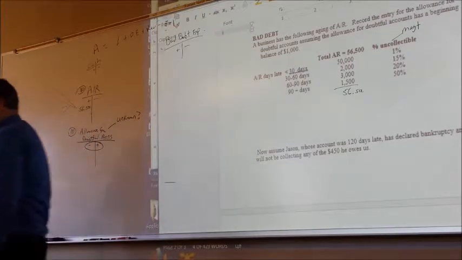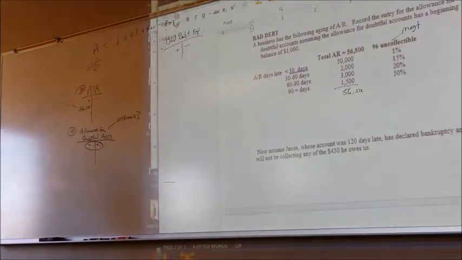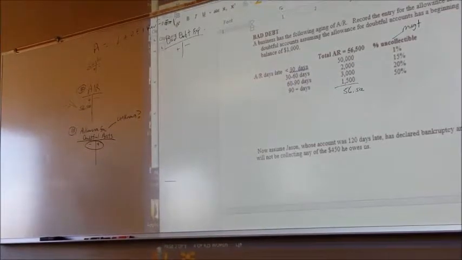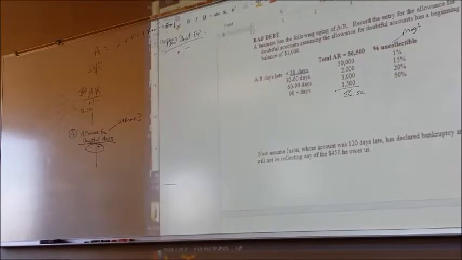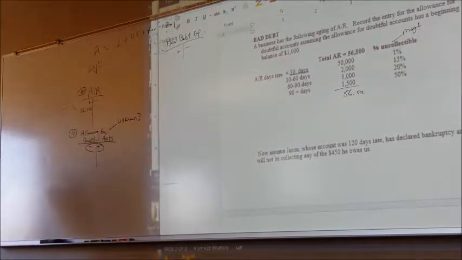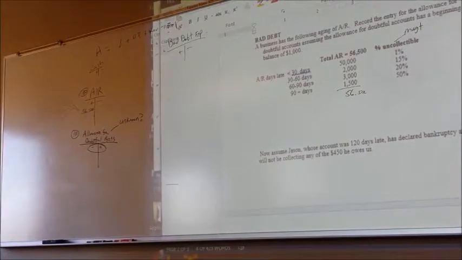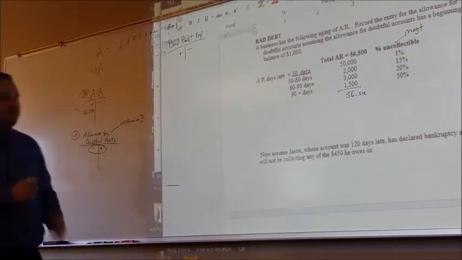A little bit less chance if it's a month or 2 late. And then all the way up, if it's 90 plus days, there's about a 50-50 chance I'm not getting that money. That's all management has decided to put those percentages in there, and they have to be able to do that.